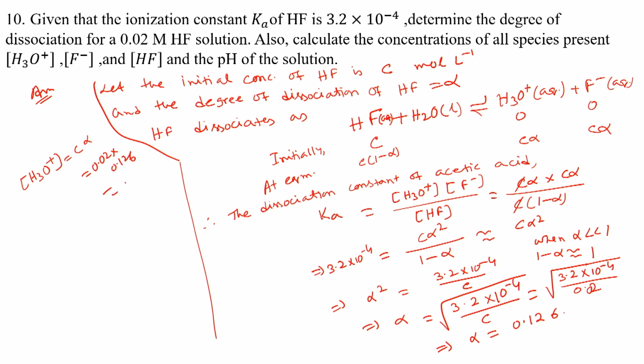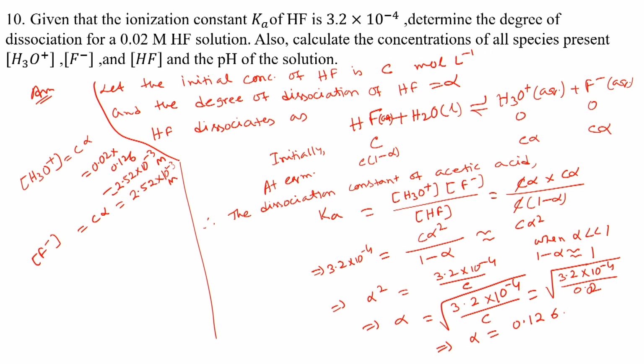So we get the value 2.52 times 10 to the minus 3 moles. Similarly, concentration of F minus is also the same, C alpha. So again we get 2.52 times 10 to the minus 3 moles.